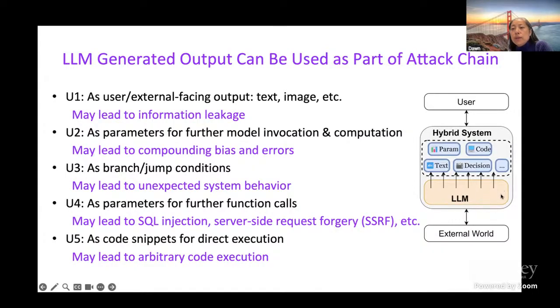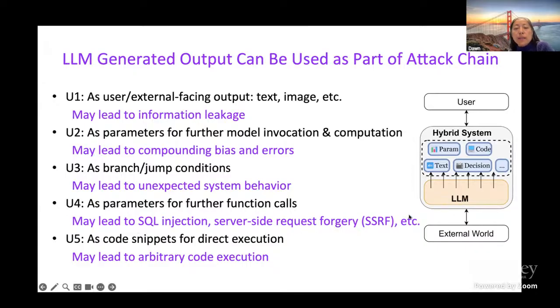And also, as we know, as part of the agents, the LLM can produce outputs to invoke further function calls. So by outputting, for example, parameters for the function calls and also the name of the function or the tool and so on. So we are going to see some concrete examples of this.